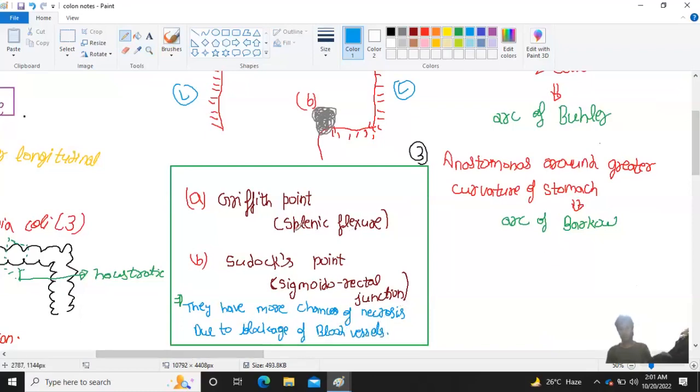Done. So these are the 2 points, with chances of necrosis.